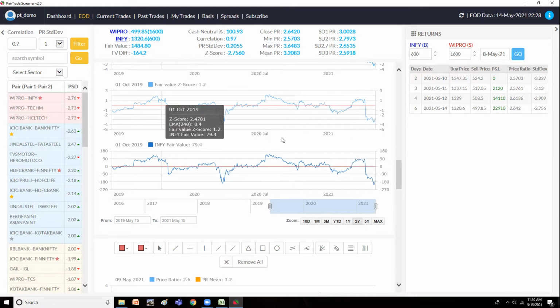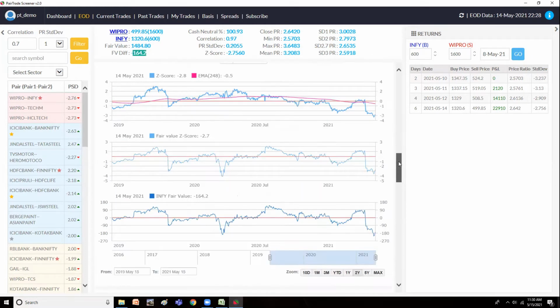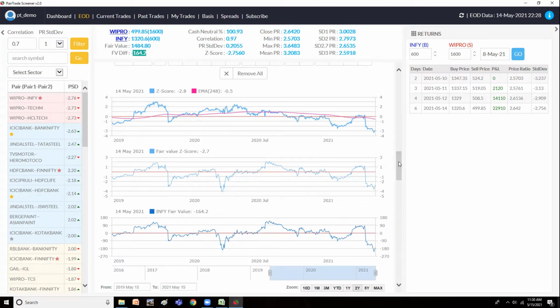So this fair value z-score also gives us a second opinion kind of a thing, where it will confirm that the signal is there, or there is a possibility of a good entry point here. 95% of the time both these z-score charts will mimic, but only the positioning is different. Here there is a divergence: here it is at -3 and here it is on the positive side. So sometimes the divergence will happen. So when you are looking to trade, you have to look at both the charts and see if there is any divergence.